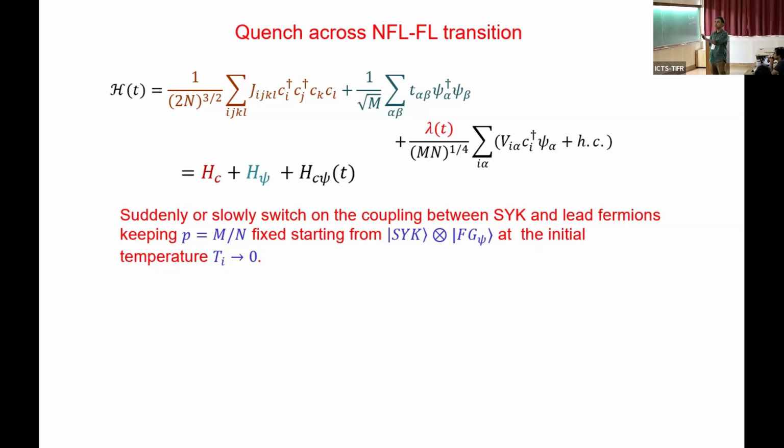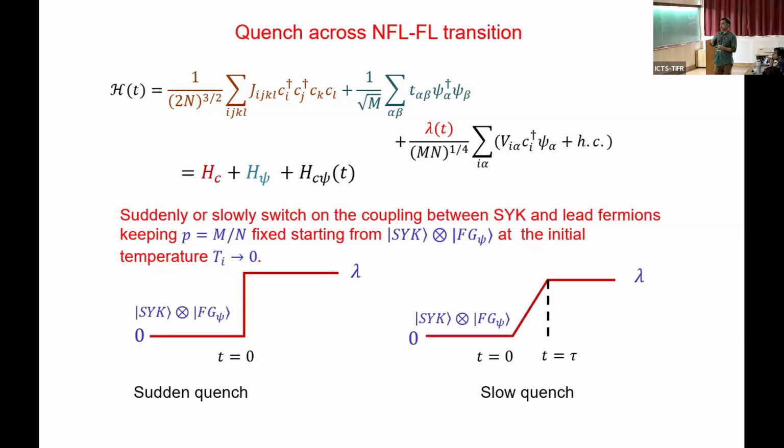There could be some relation, but I don't know that much. Basically, you have some kind of a bath, and then you have SYK, and you initially start with this decoupled setup, and then you quench, you switch on the coupling. You can do a sudden quench and you can do a slow quench.